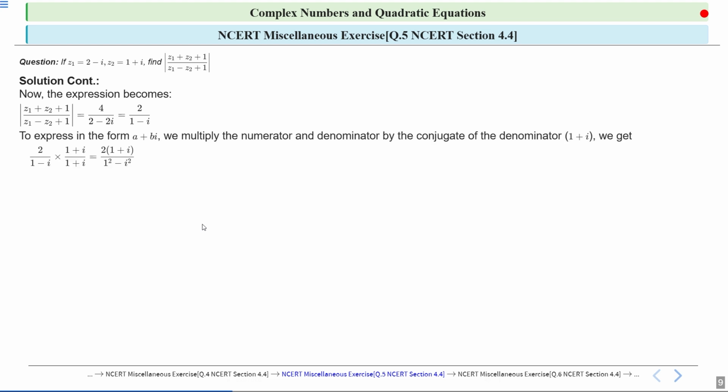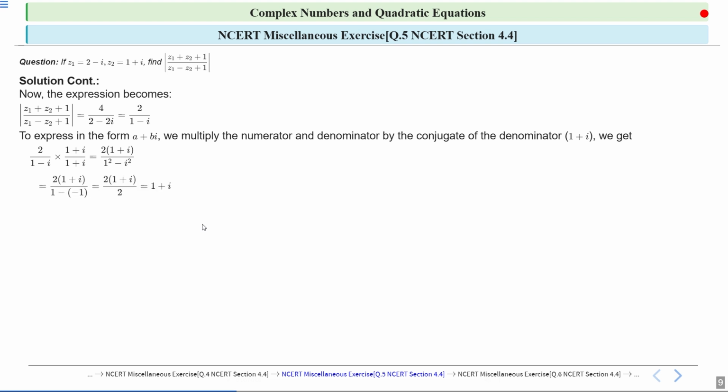To simplify 2 divided by 1 - i, we want to get rid of the imaginary part in the denominator. We do this by multiplying both the numerator and denominator by the conjugate of the denominator, which is 1 + i. So we have 2 divided by (1 - i), times (1 + i) divided by (1 + i), which equals 2 times (1 + i) divided by (1 squared - i squared).